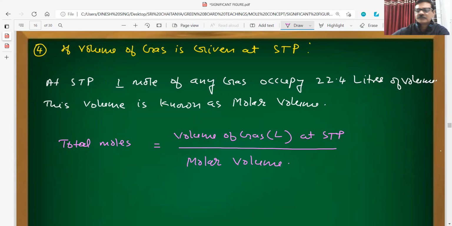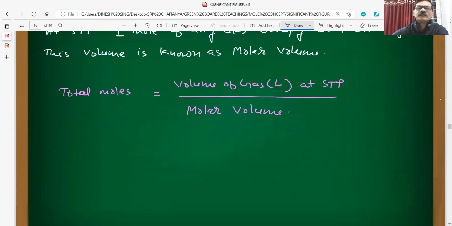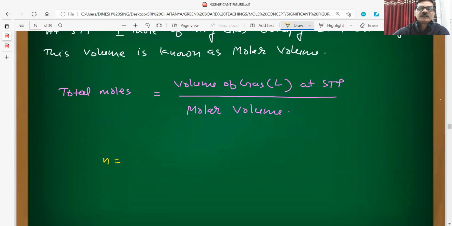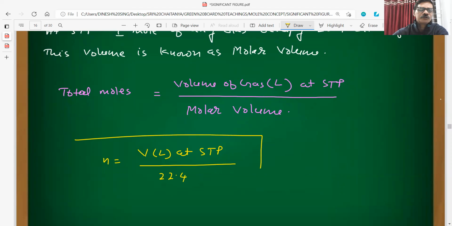So small n will become equal to V in liters at STP divided by molar volume 22.4. So this is our fourth formula.